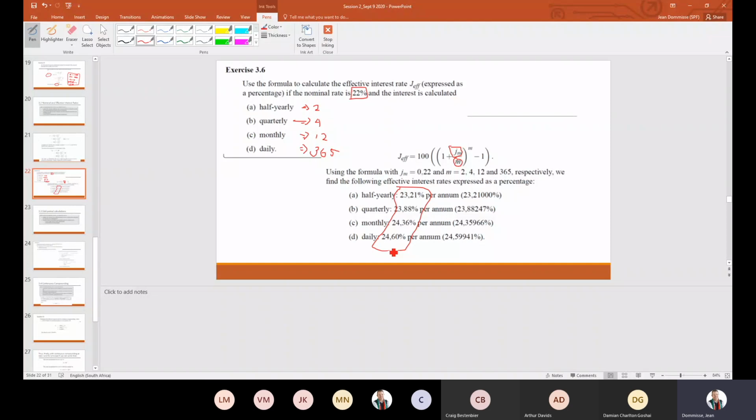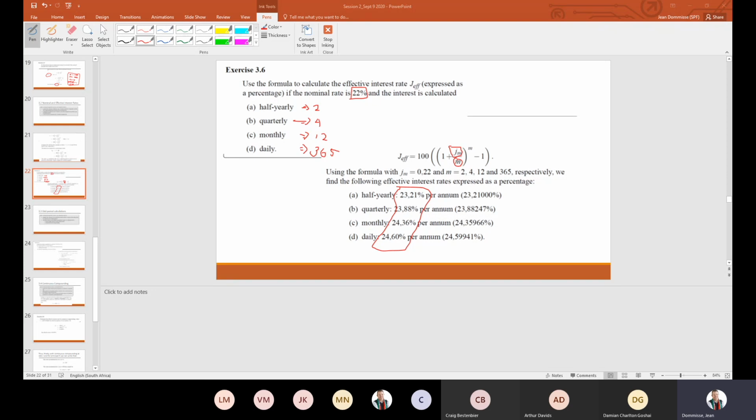If I needed to change it to a daily basis, I would have said 365 times per year. The nominal rate would have stayed the same, which is the 22%. And then I would have gotten the 24.5994, which would have been rounded up to the 24.6.